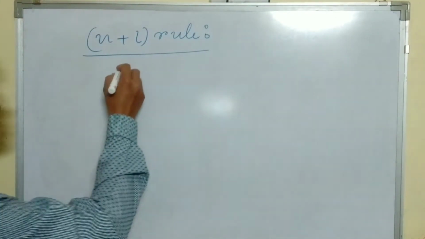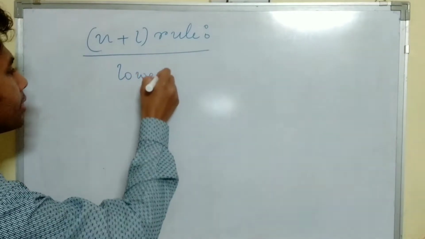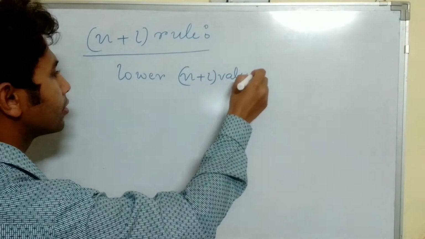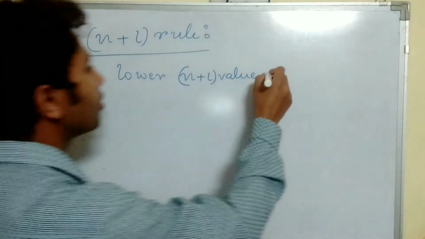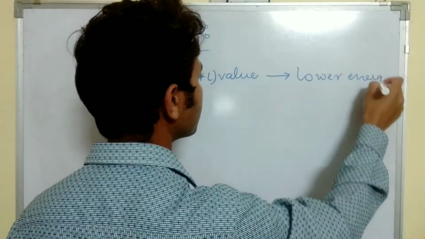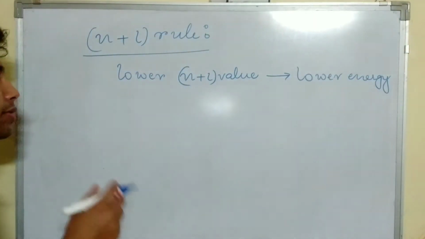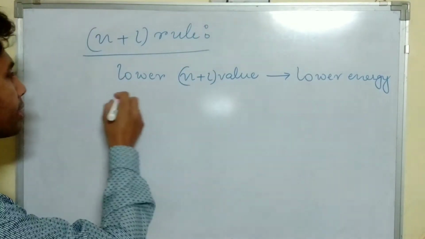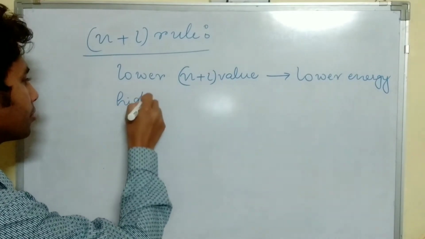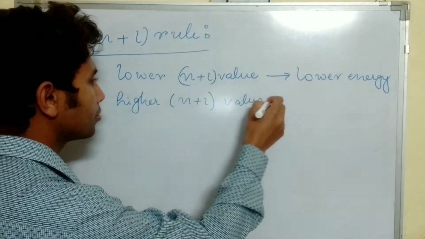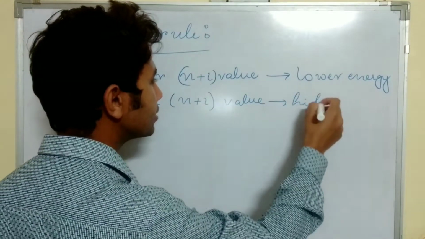This rule states that the orbitals which have lower n plus L value will have lower energy. Consequently, the orbital which has higher n plus L value will have higher energy.